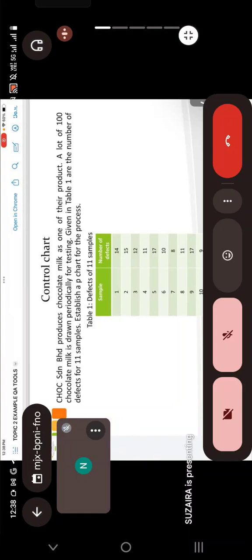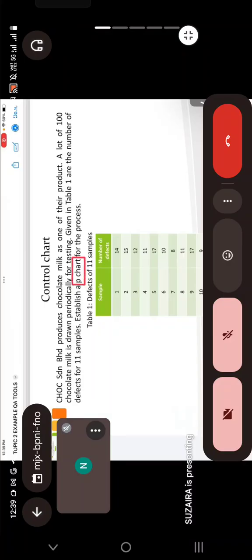Or you can do the calculation, to refresh what you learned for C chart and P chart. Given in table 1 are the numbers of defects for 11 examples, establish a P chart. So this question is kind enough. Why kind enough?